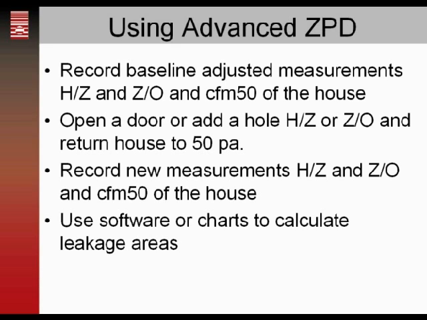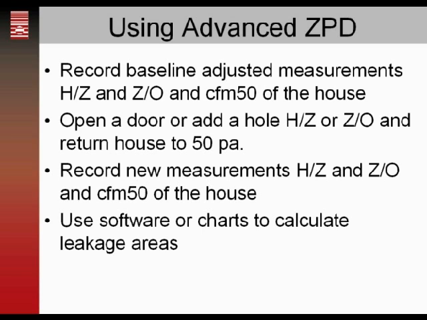Next step is we'll open a door or add a hole, house to zone or zone to outside, and return the house to 50 pascals. If we don't have the ability to add a hole house to zone or zone to outside, it's possible to temporarily seal off some roof vents and take the reading and then unseal the roof vents.